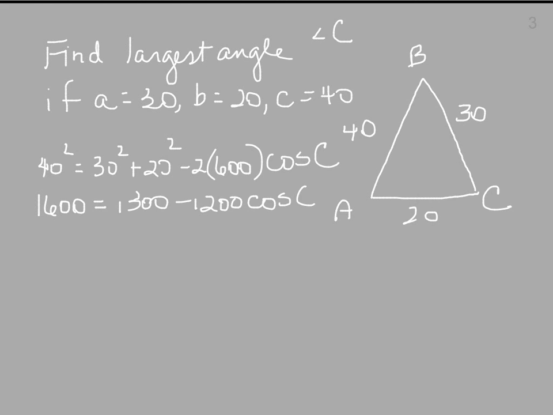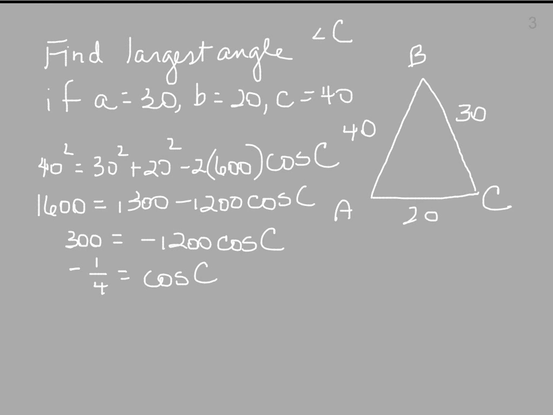So we're going to subtract 1,300 and get 300 is equal to negative 1,200 cosine C, and then divide both sides by 1,200, and that actually leaves us with a negative 1/4 is equal to cosine C.